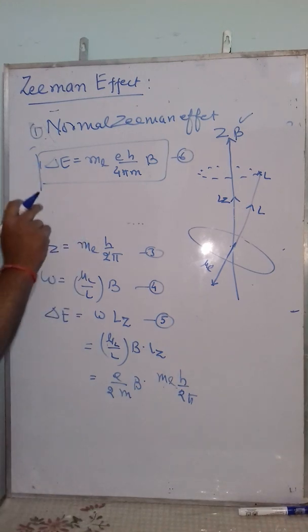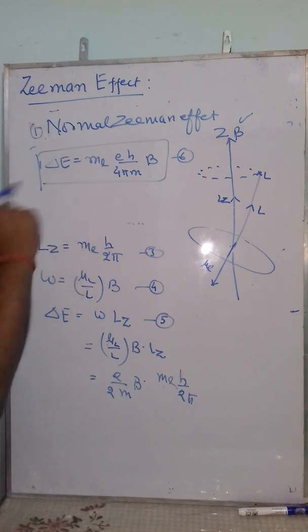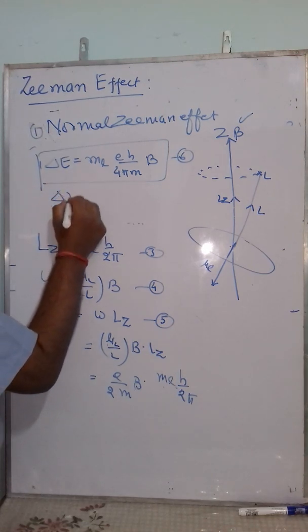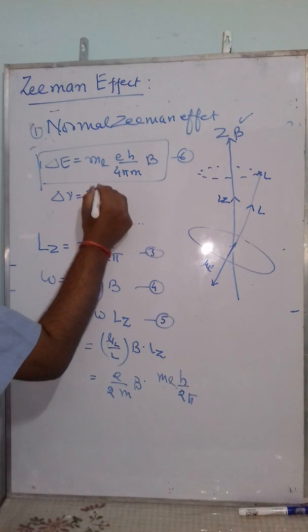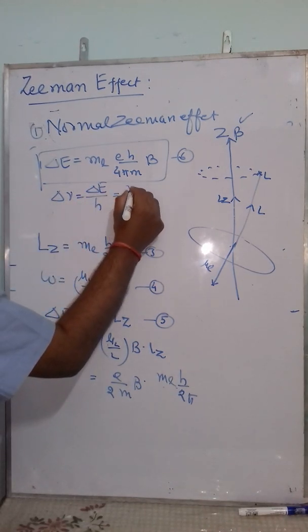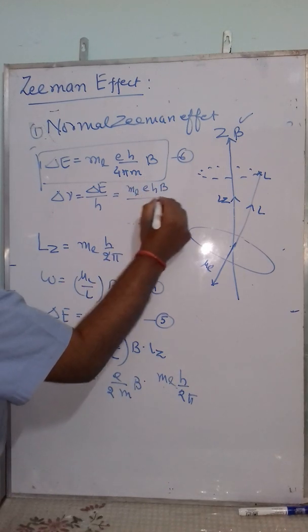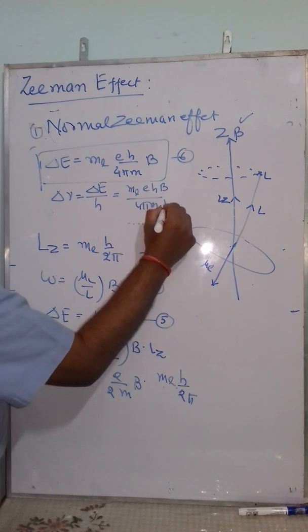Now, if I want to know the change in frequency of the light being emitted, then delta nu is equal to delta E upon h. So it will be equal to ml into e into h into B upon 4 pi m into h.